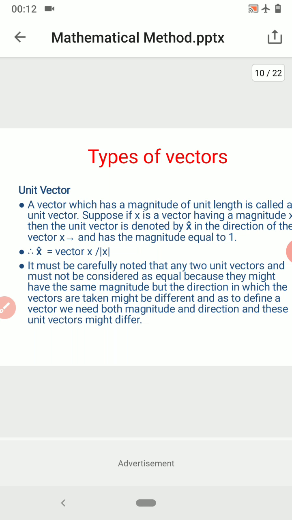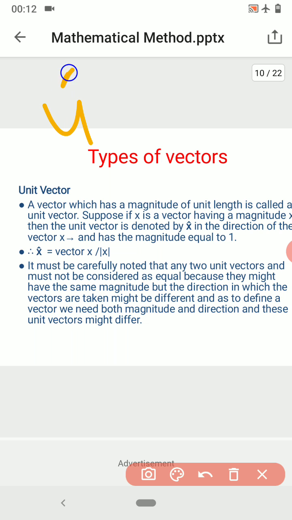It must be carefully noted that any two unit vectors must not be considered as equal, because they might have the same magnitude but the direction may be opposite. If you have two unit vectors, one possibility is u cap and minus u cap.